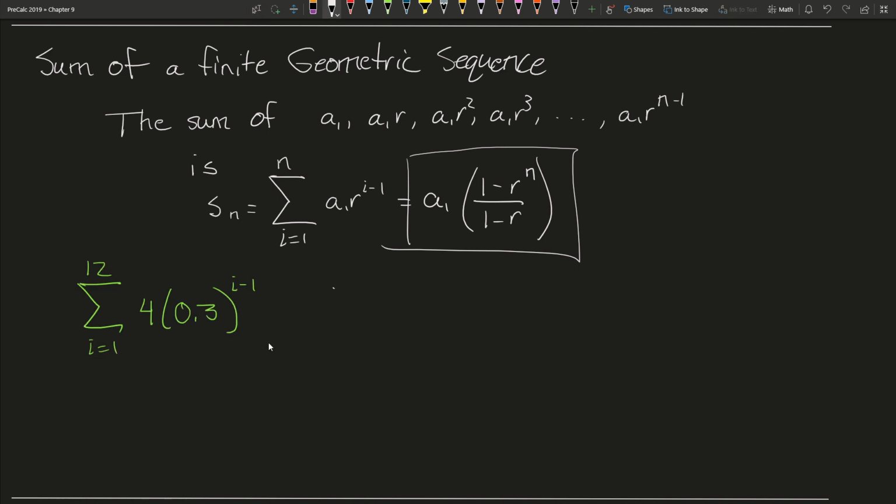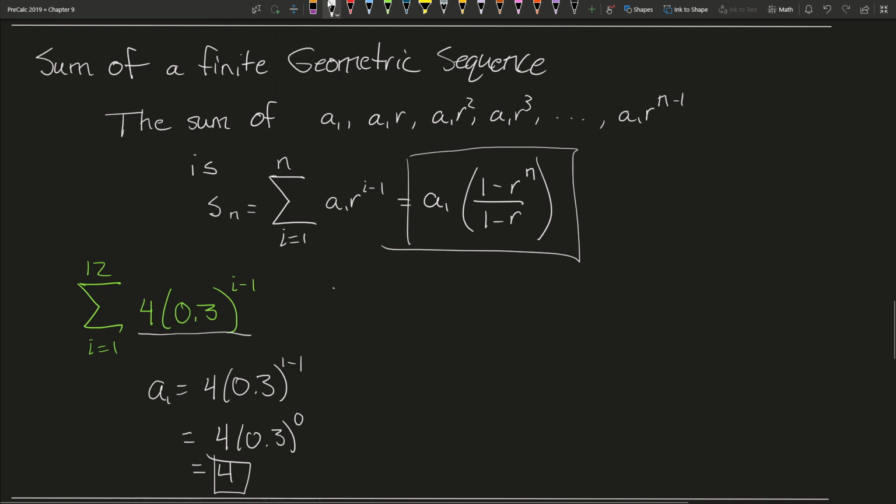So we need our first term. If we just plug 1 into the sequence, we'll get our first term. So our first term here is just 4.